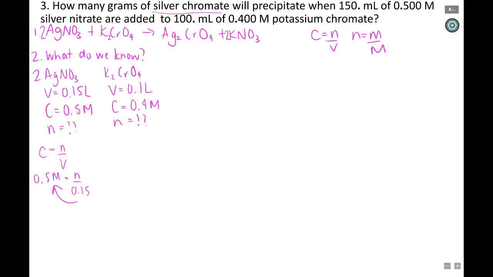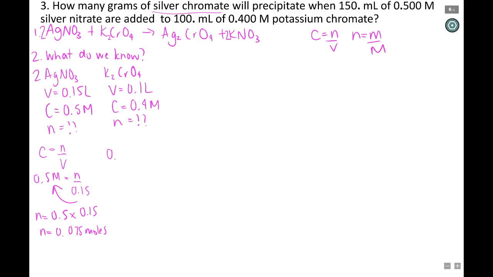Move that to the other side so that we have N equals 0.5 times 0.15, so N equals 0.075 moles.